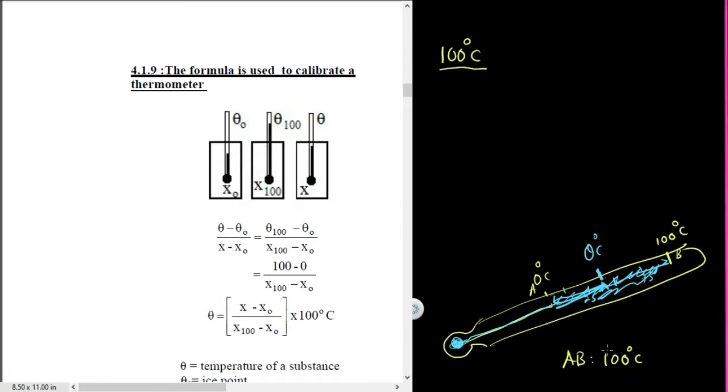From A to B, it gives a 100 degrees Celsius difference in temperature. So we can write this ratio as 100 degrees Celsius over the length here. How do we get the length?